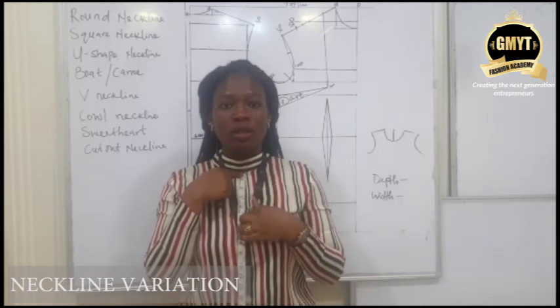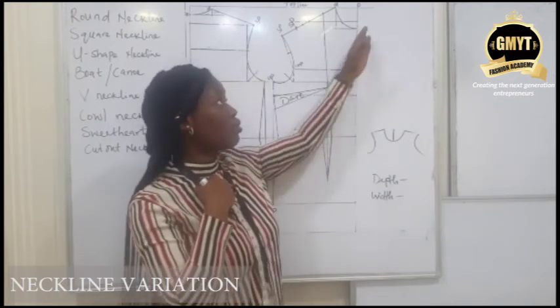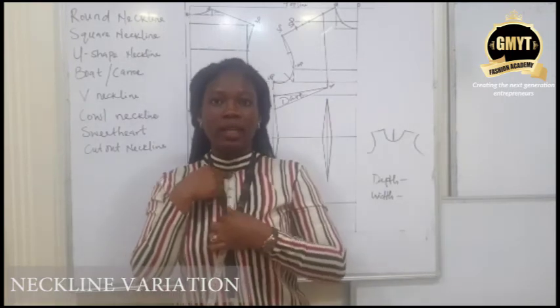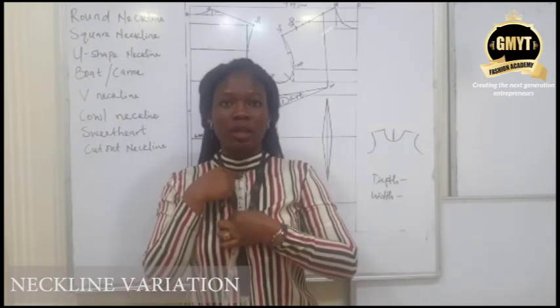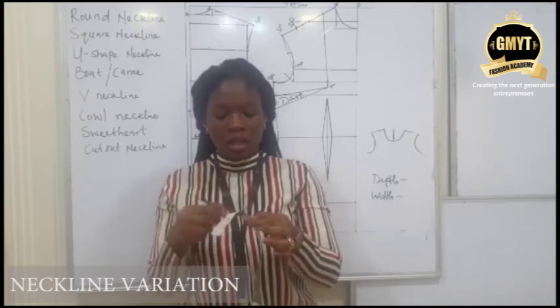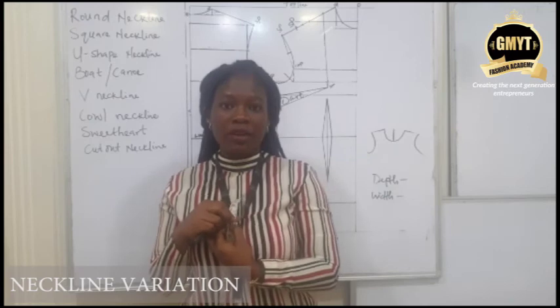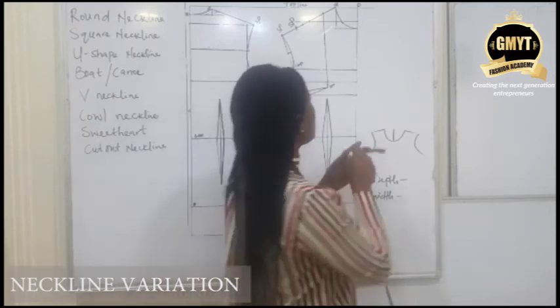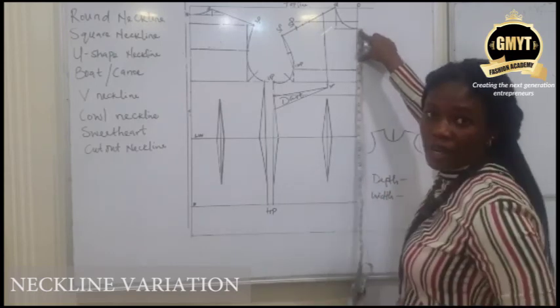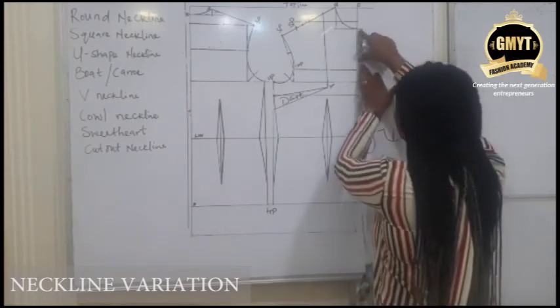So you measure down, or you just use your discretion to pick from your center front. Like this is my chest here. Your chest line is where your cleavage starts. So this is 4.5 here. So all I need to do is place my tape rule here and measure 4.5 as the depth.